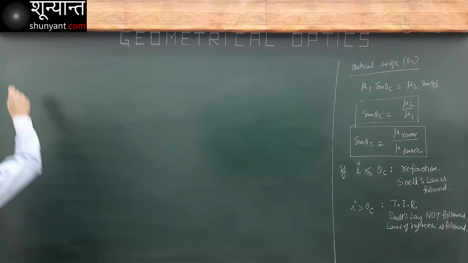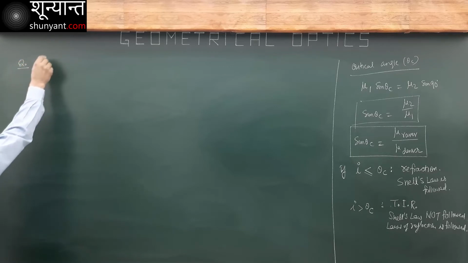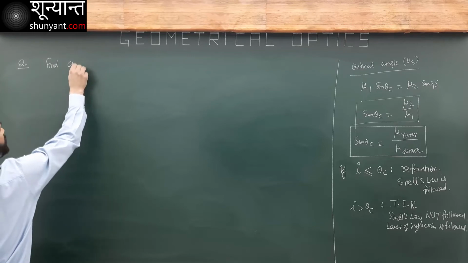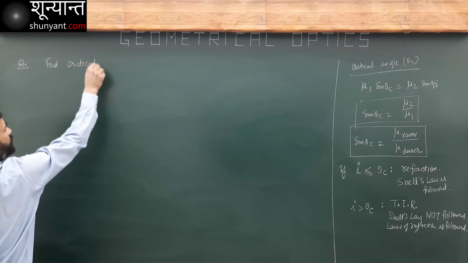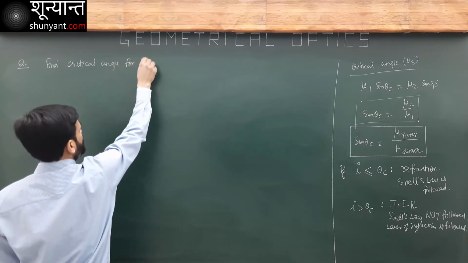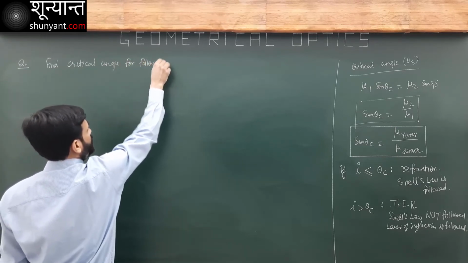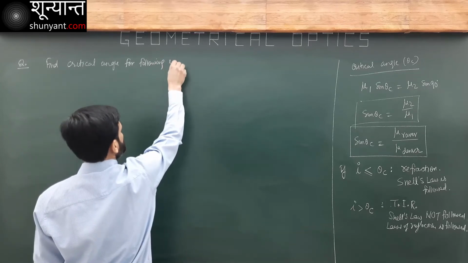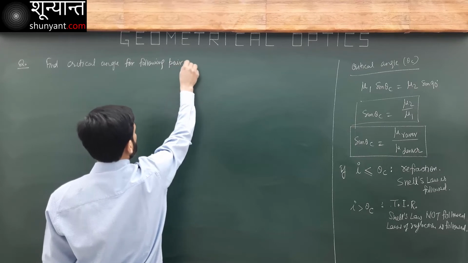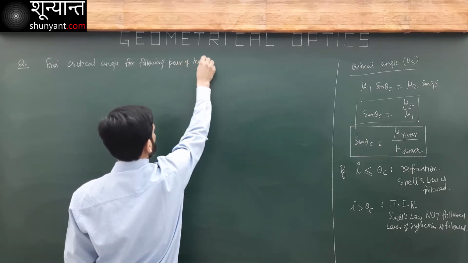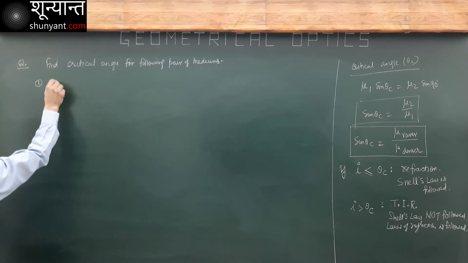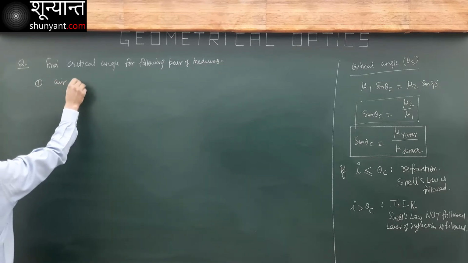Question: find critical angle for the following interfaces, or following pair of mediums. First, air, water.